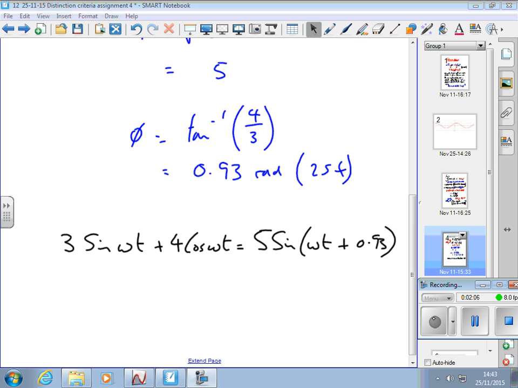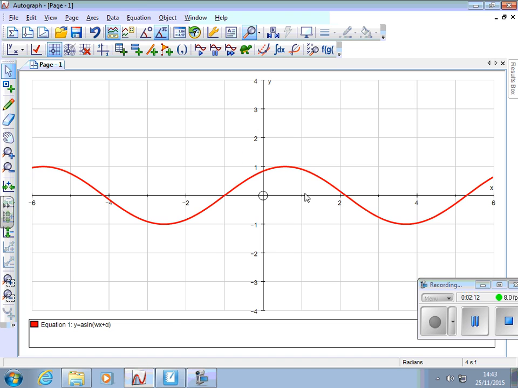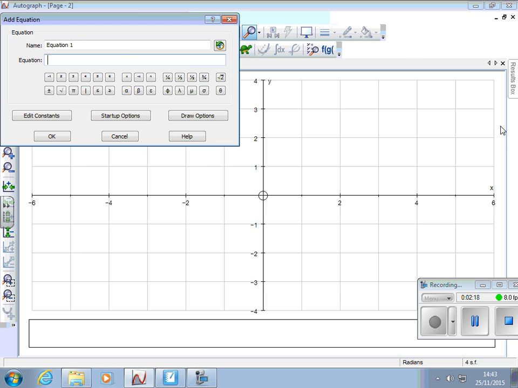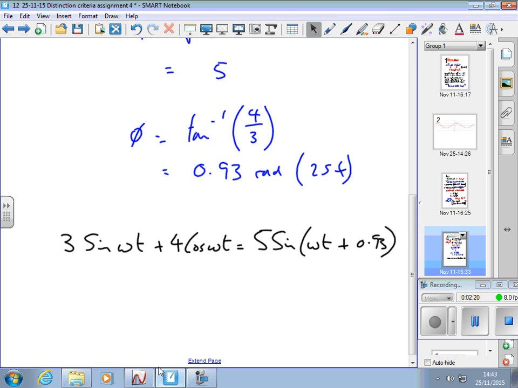So what we can do now is we can prove that this is true. Is that true? So what I can do in Autograph is to start a new page and type into Autograph the first part of our expression. Y equals 3 sine omega x plus 4 cos omega x.